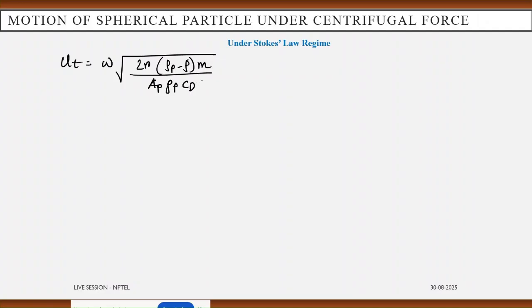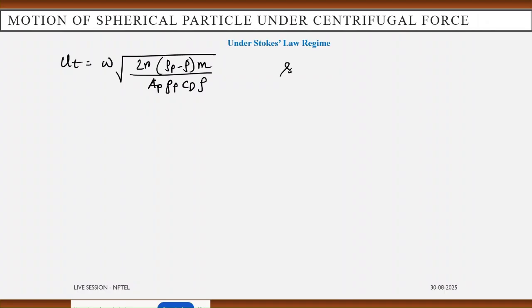So we have our equation as ut equals omega root over of r (rho p minus rho) m divided by ap rho p cd rho.